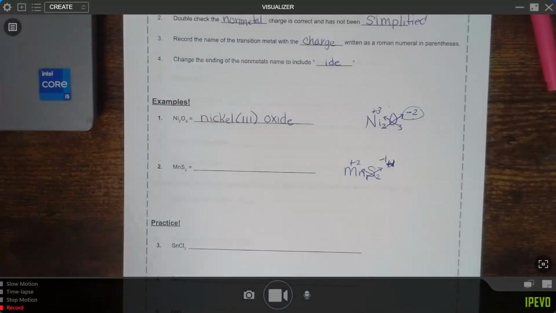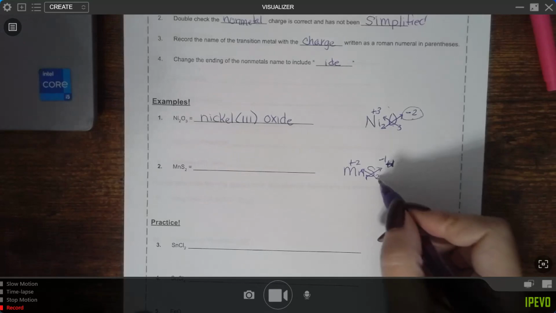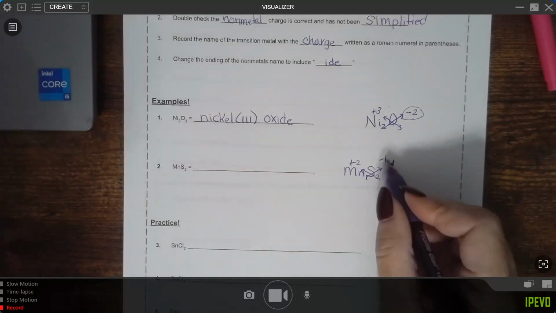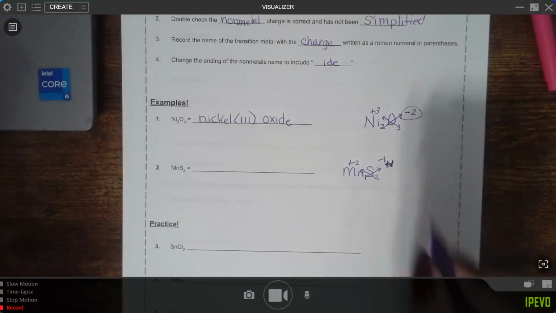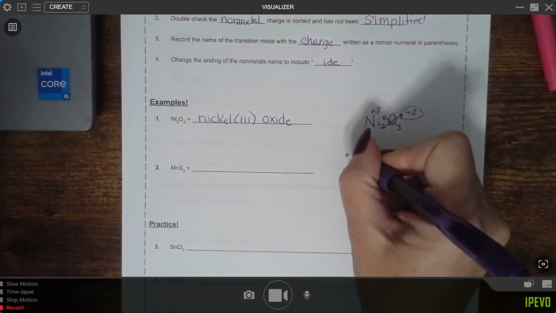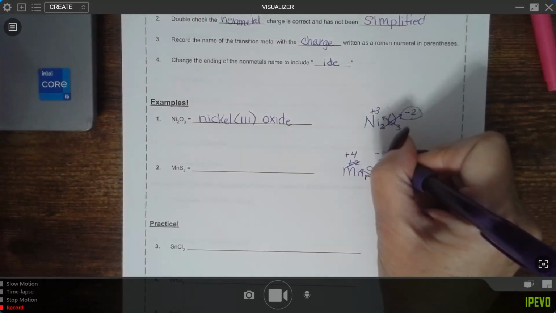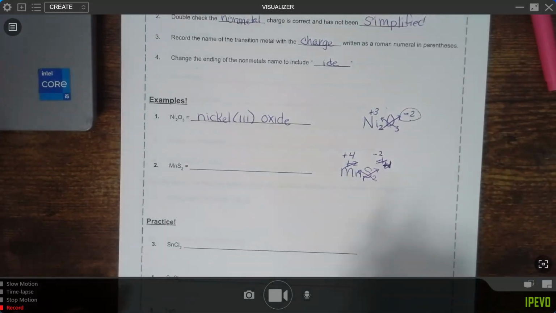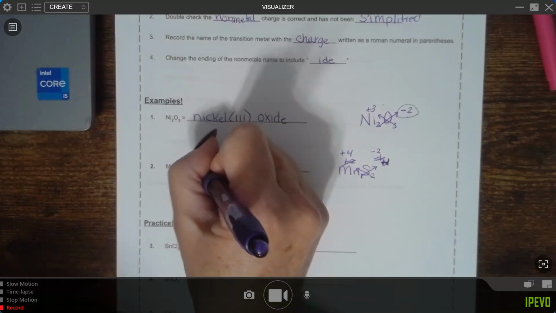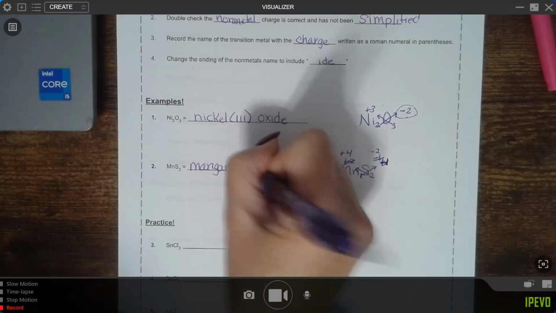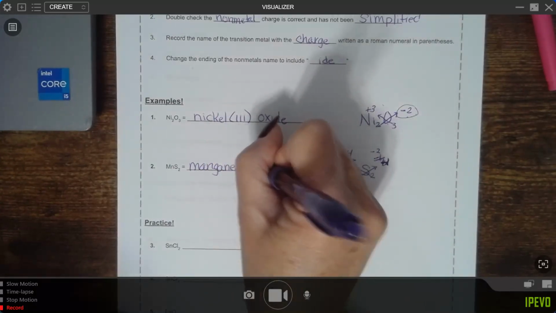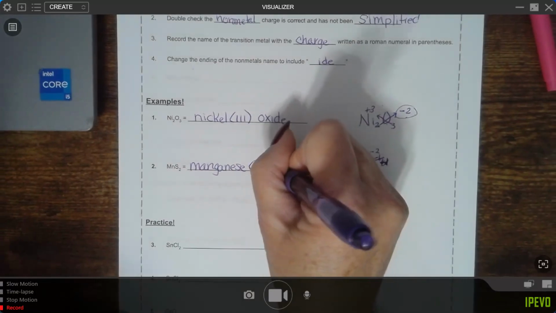So this is one of those compounds that has been simplified. So if the charge on sulfur should be minus 2, I'm going to multiply my charges times 2, which means the manganese would be plus 4, sulfide minus 2. So we would have manganese 4 sulfide.